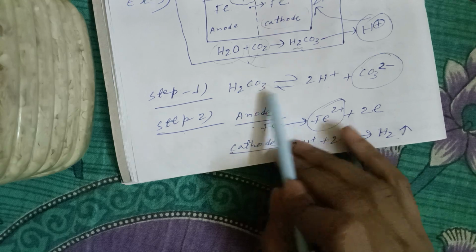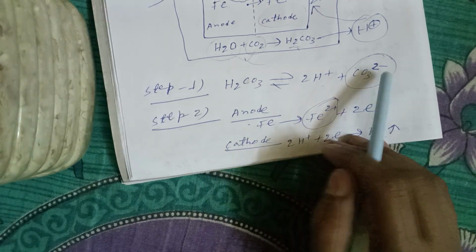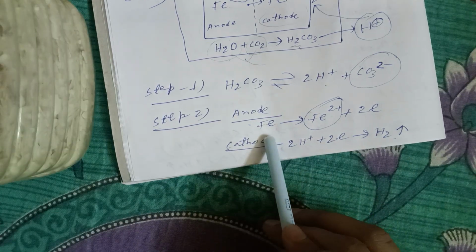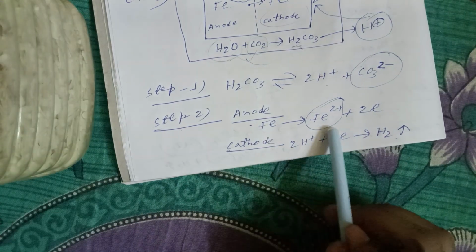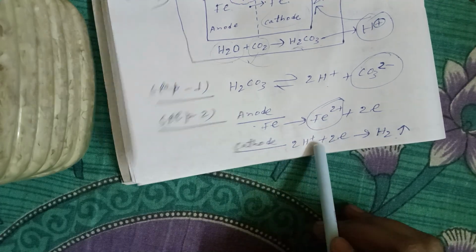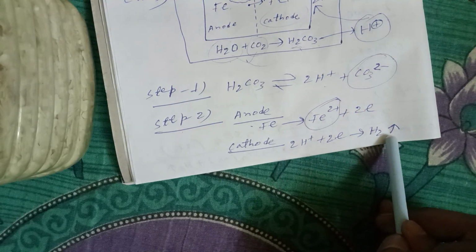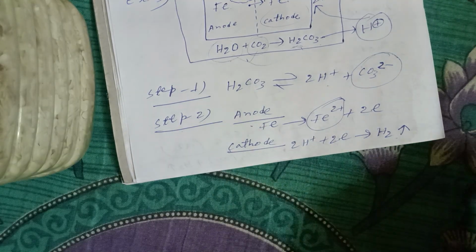Hence, first the carbonic acid will be ionized to H+ and carbonate, at the anode the iron will be oxidized to ferrous, and at the cathode the H+ will be reduced to give hydrogen.